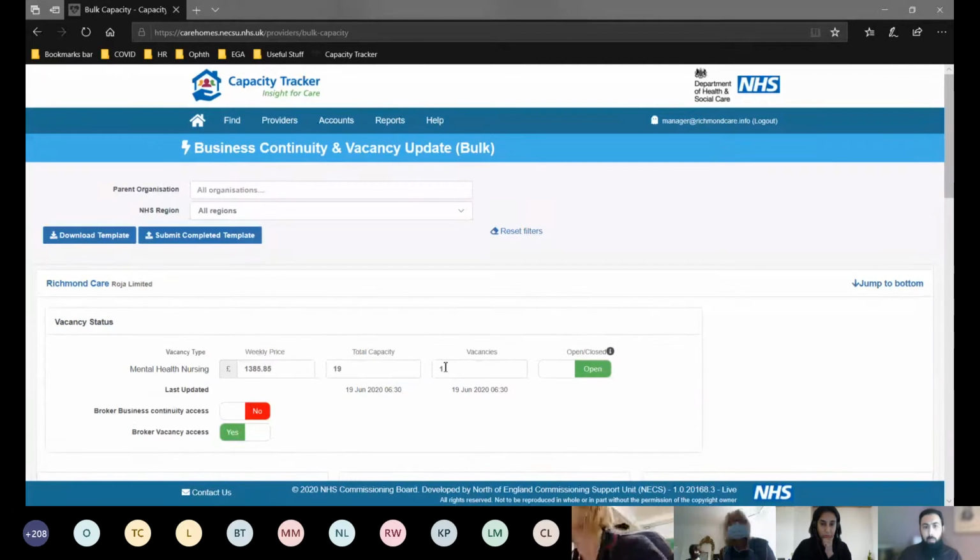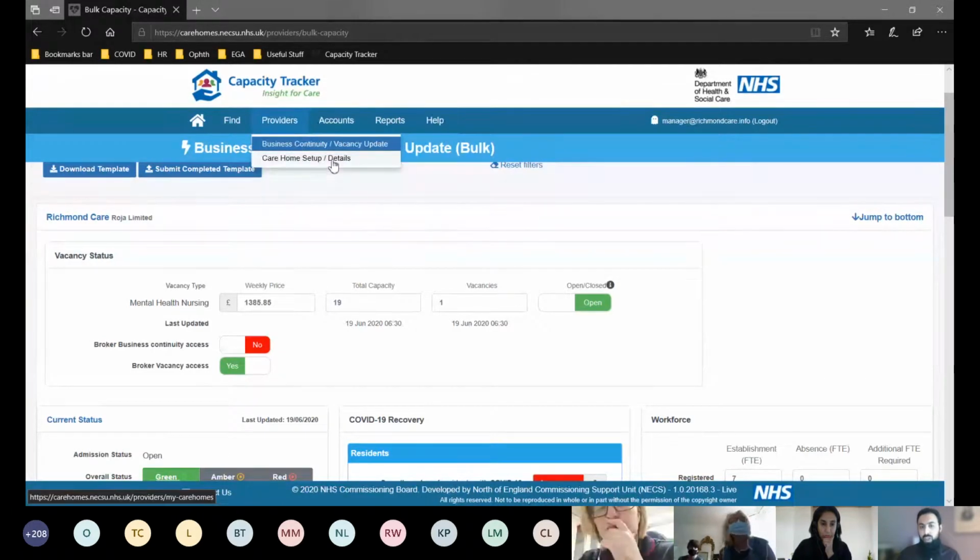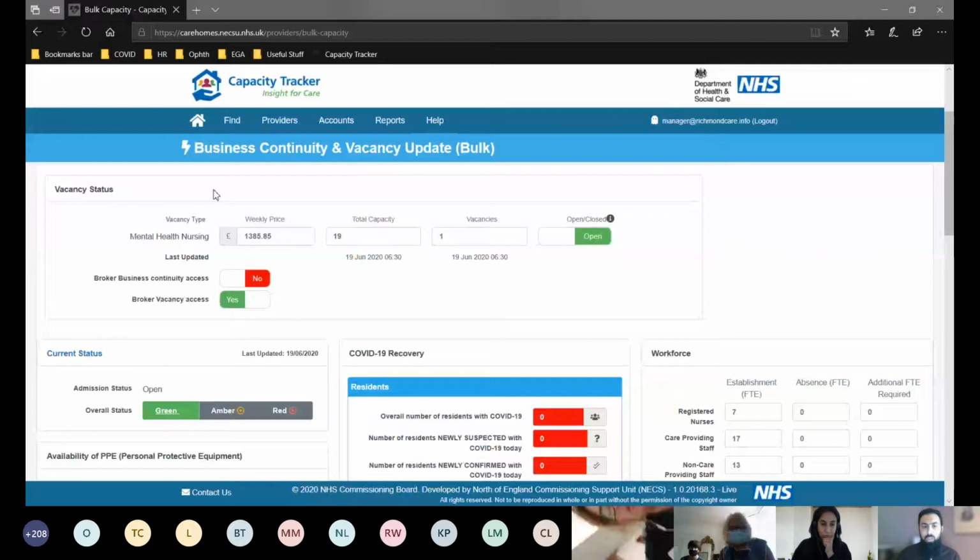This will pull up the information around your home, depending on the registration details you included in the care home setup when you first signed up to Capacity Tracker. Initially, there is some information around the cost of a bed.